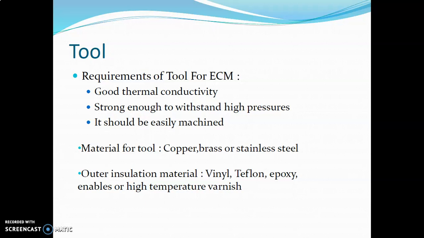So these are the basic characteristics of the tool for the electrochemical machining process. Normally we use copper, as it has very high thermal conductivity, brass, and stainless steel. So these three materials are normally used in the electrochemical machining process.